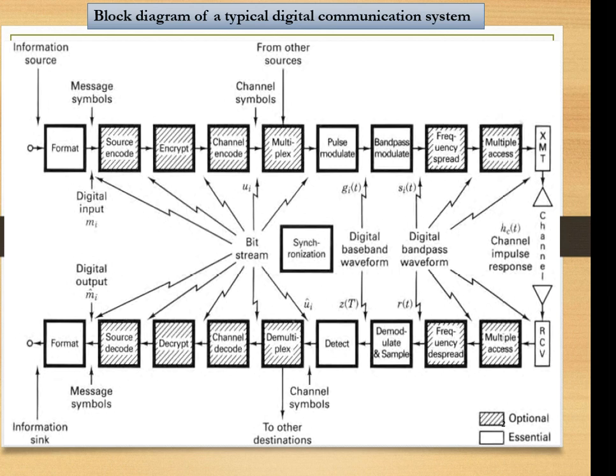reverse the process successfully. After encryption, we have channel encoding. What's the purpose of channel encoding? The purpose of channel encoding is to protect your data against the noise in the channel or the impairments in the channel. For example, assume you are transmitting a sequence of bits, and all of a sudden, some of the bits have gone through like too much noise and too much fading.